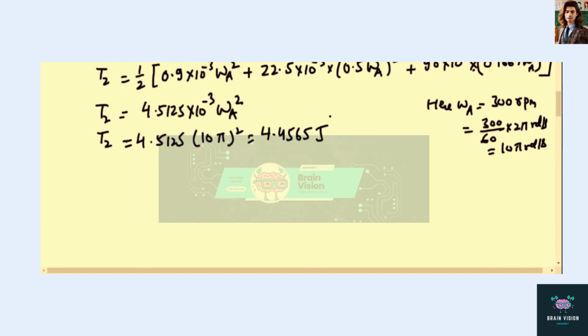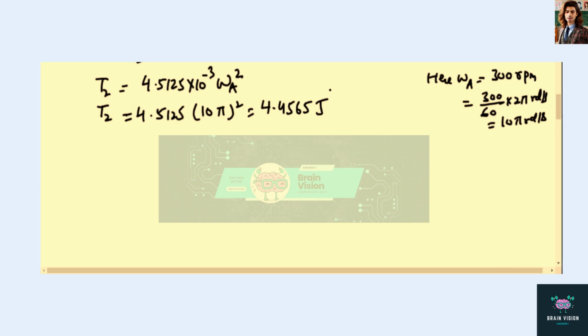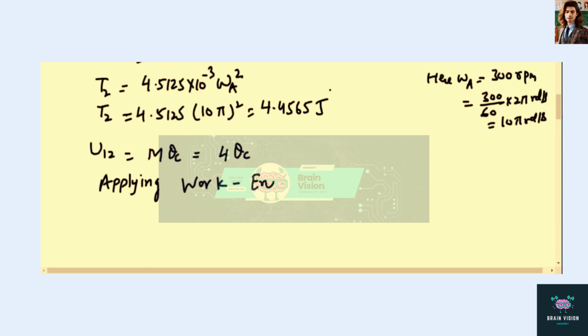Now you can find the work done. Work done by the couple is couple into angular displacement, 4 into theta C. Applying the work energy theorem, work done is equal to change in kinetic energy.